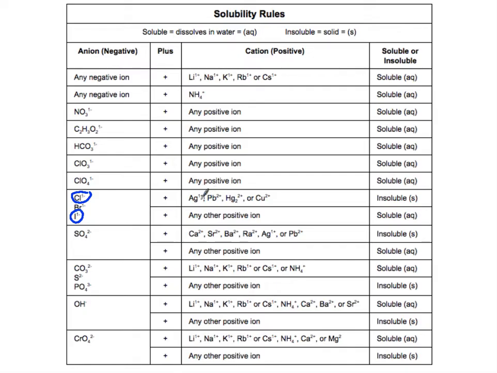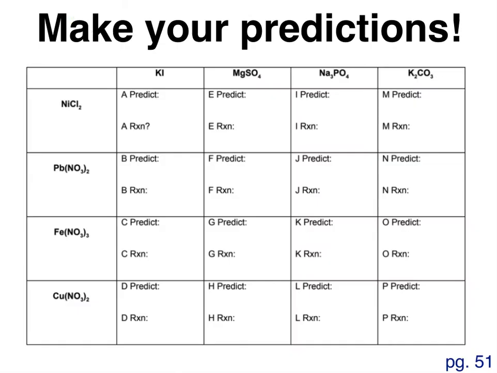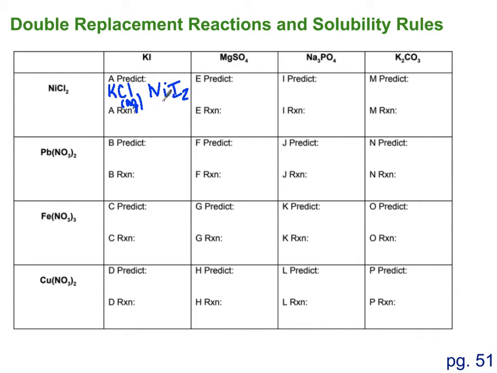Yet again, nickel is not listed here, which means that this is also going to be a soluble compound. So we're going to form another aqueous solution. So when these two things come together, we end up with 2 aqueous solutions as our products, which means we don't see any solid formed, which means this is no reaction.